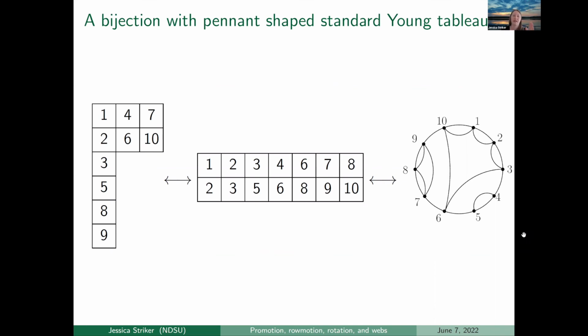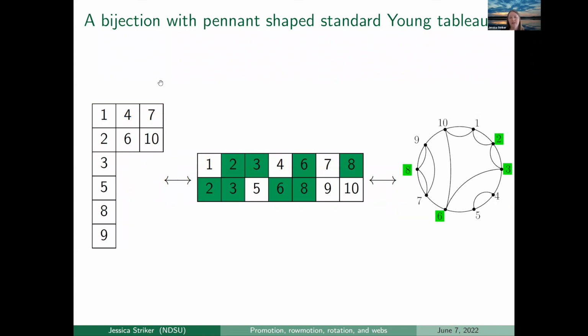You have 1 column that's as long as you want, and then 2 rows that are as long as you want. And the way the bijection goes is we look at the numbers that are only in the top row, and those were the smallest number in their block over here. And then on the left, those are the numbers in the top row of the standard Young tableau, so that's easy. And now we look at the numbers that are in both the top and the bottom row.